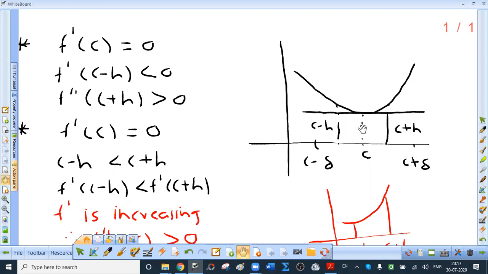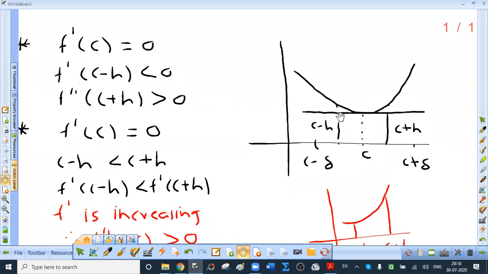Now, the tangent drawn at x equal to c is parallel to the x-axis. So the slope of the tangent equals 0, but the slope of the tangent is f dash of c. So this is the basic criterion. f dash of c must be equal to 0.